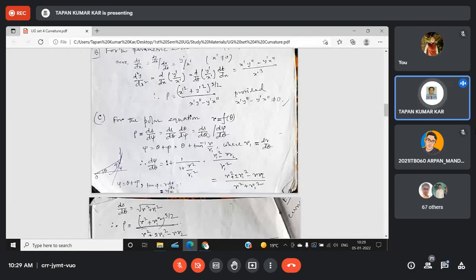So the ratio is ds/dtheta by dpsi/dtheta, and dpsi/dtheta is given here.